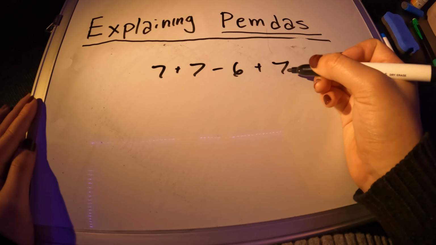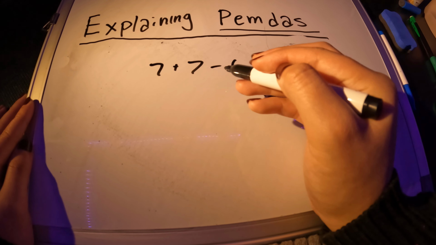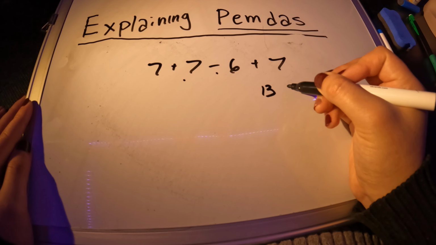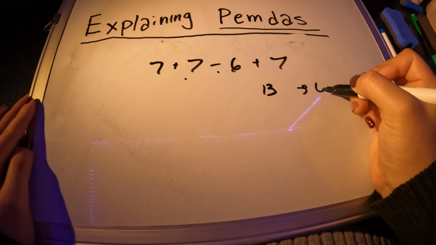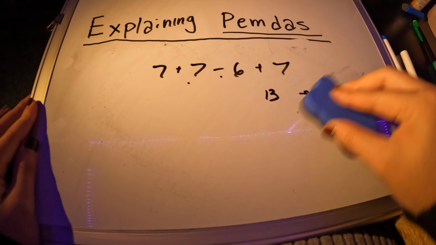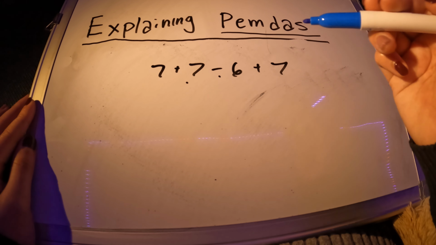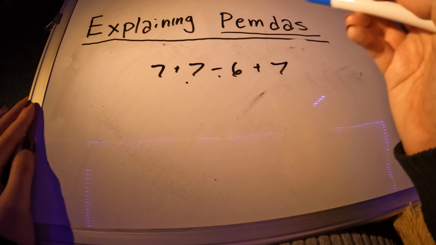So you could do 7 plus 6 is 13, minus 7 is 6, plus 7 is 13. And then if you did it the other way, 7 plus 7 is 14, minus 6 is 8, plus 7 is 15.